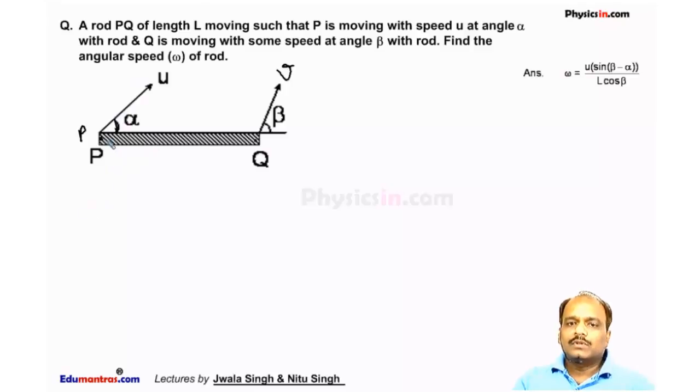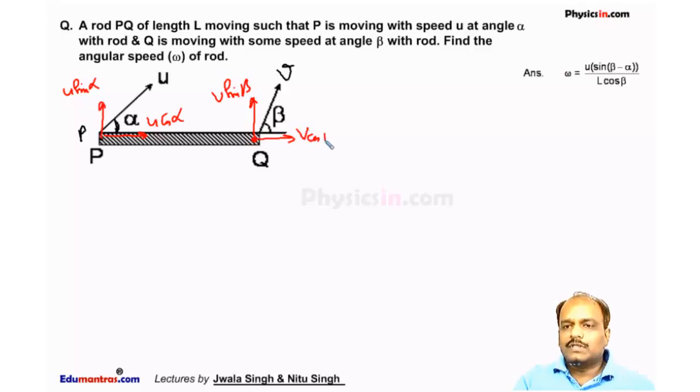Now as we know, the velocity of this point P with respect to Q. Suppose an observer is sitting at Q and this point P. So this velocity appears to be u sin alpha and this is u cos alpha. And this velocity is v sin beta and this velocity is v cos beta.